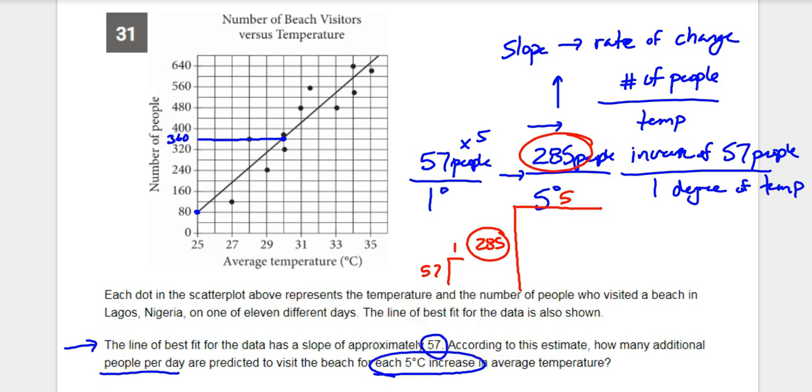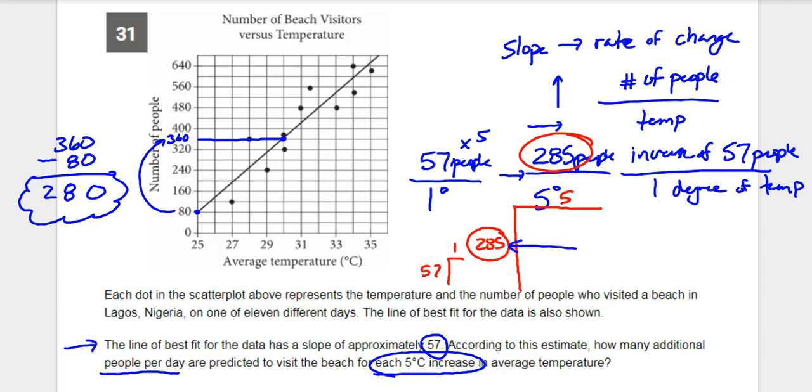So you might guess that for 5 degrees, we went up from 80 to 360. I could see somebody guessing around 280, just by looking at the chart. But that 57 kind of locked it in and got me to hone it into a more precise number, like 285. So that's the correct answer for number 31.